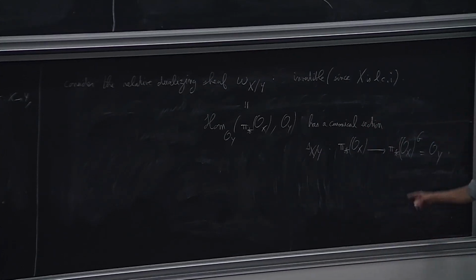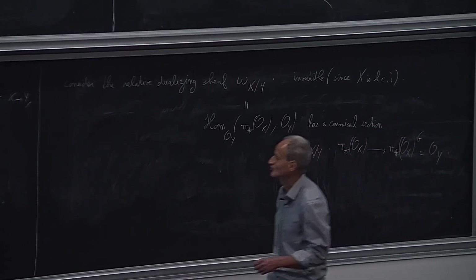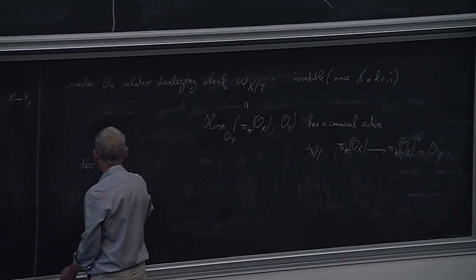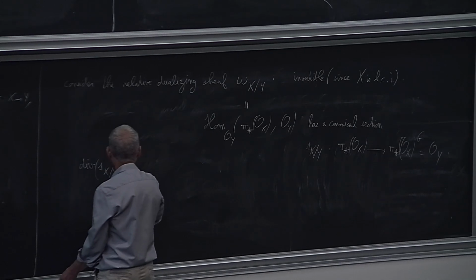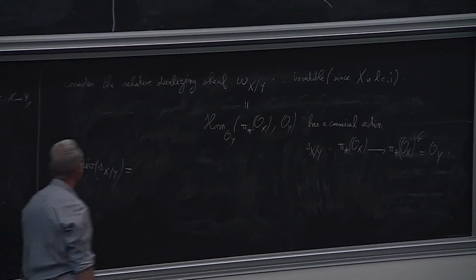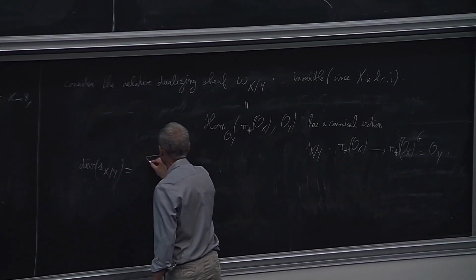And then you get this section, and the correct statement is that the divisor of this section is the right-hand side. Here you have a Q-divisor, some fractional coefficients, but it's a kind of cheat because these coefficients are killed by this. And you can rewrite this in the following way.